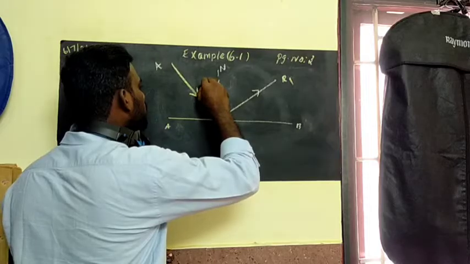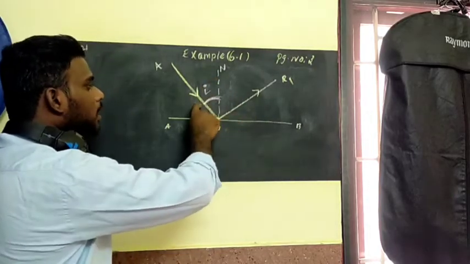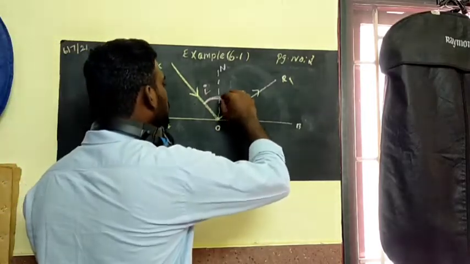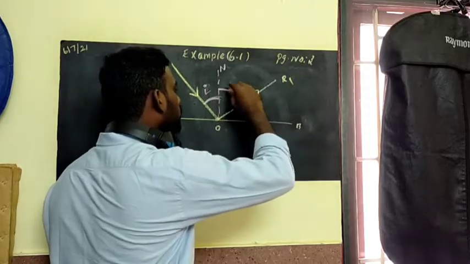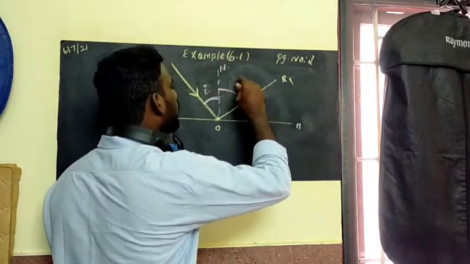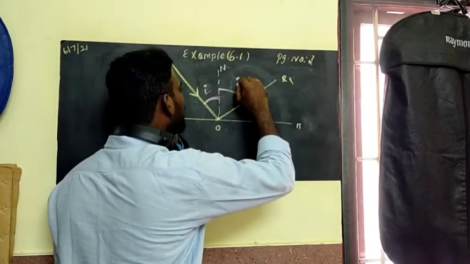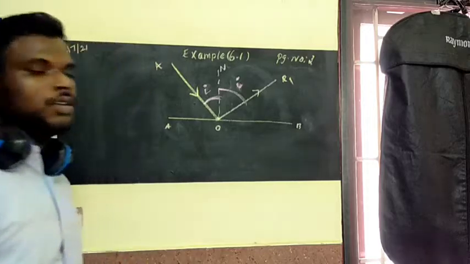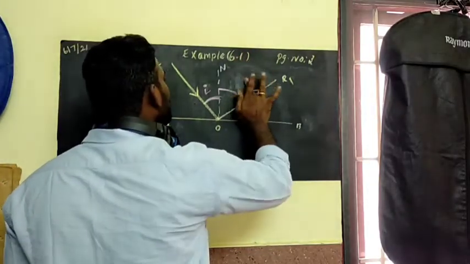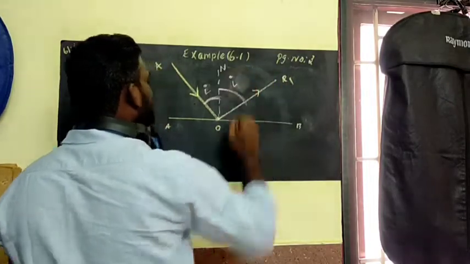And according to the laws of reflection, angle of incidence will also be equal to angle of reflection, so this also will be angle i. Is that clear? This also will be angle i.